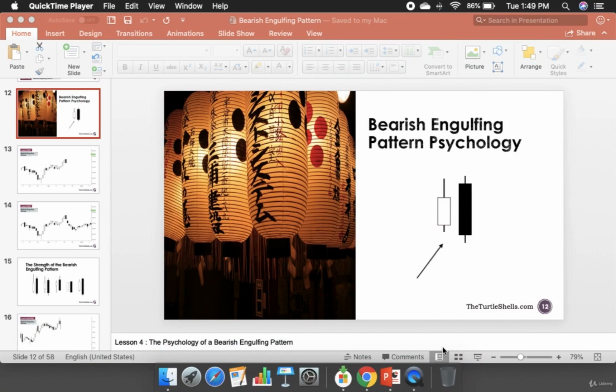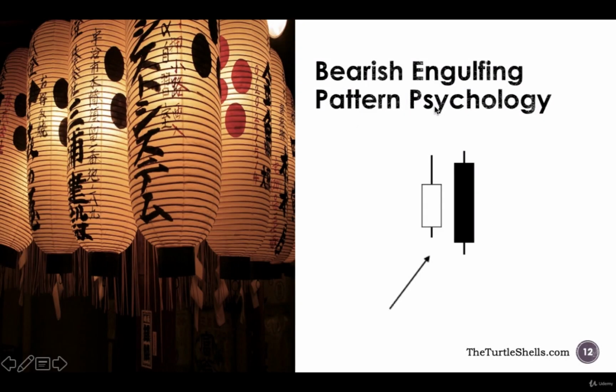Alright, now let us have a look at the bearish engulfing pattern psychology. As we have discussed before, there is a lot of market activity on the opening and closing of any candle. Especially if it's a daily candle, the opening and closing are the official openings and closings.